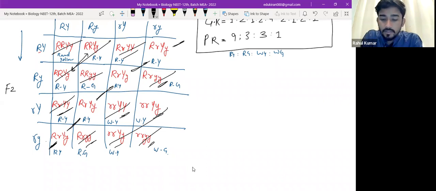So when two pairs of characters are combined in a hybrid plant, the segregation of one pair of characters is independent of the other pair of characters.